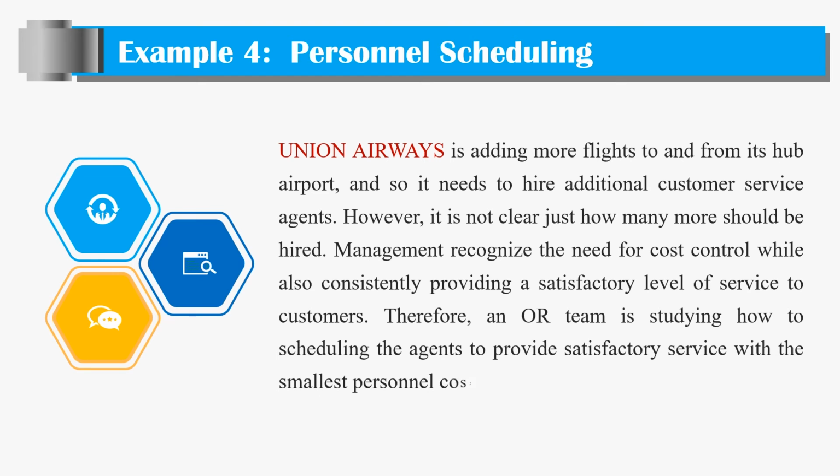Management recognized the need for cost control while also consistently providing a satisfactory level of service to customers. Therefore, an OR team is studying how to schedule the agents to provide satisfactory service with the smallest personnel cost.